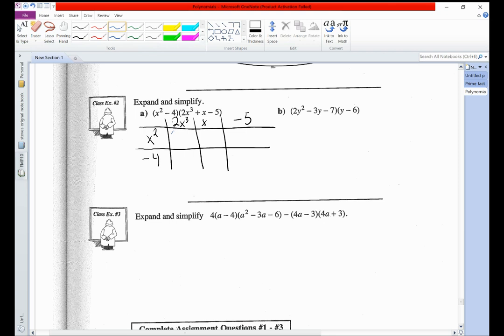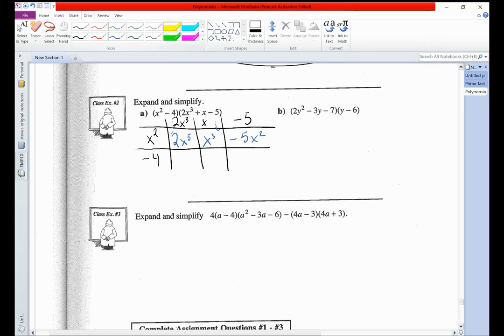And now you just have to multiply the two terms together. So in this box here, I'll do 2x cubed multiplied by x squared, and I get 2x to the power of 5. In the next box, I have x squared multiplied by x, and it's going to be x cubed. And then I have x squared multiplied by negative 5 is going to give me negative 5x squared.